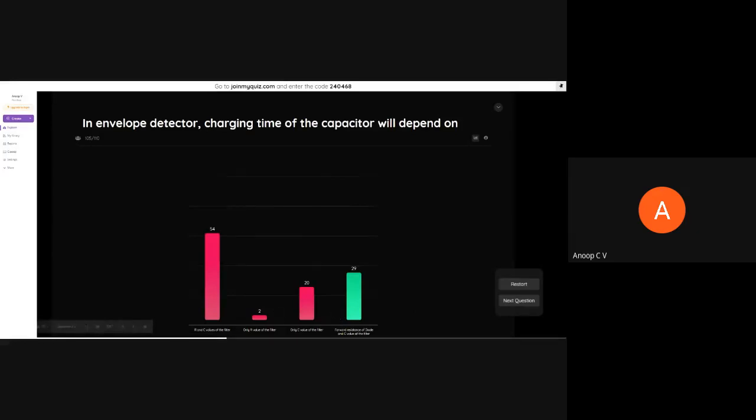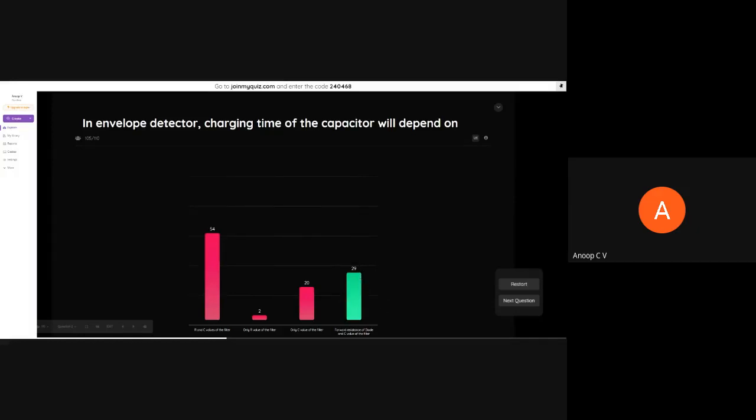Right. So the correct answer is forward resistance of diode and C value. If you remember the circuit, the capacitor charges through the diode and the capacitor only. There is no other resistor. So it will depend upon the forward resistance of the diode and the C value of the filter.